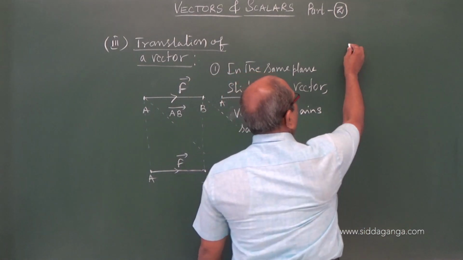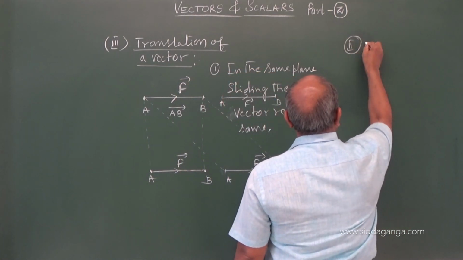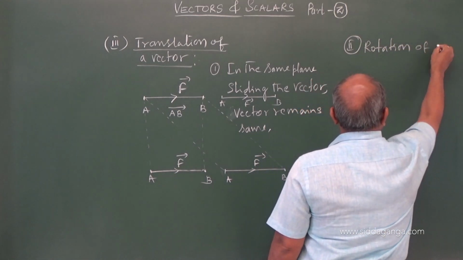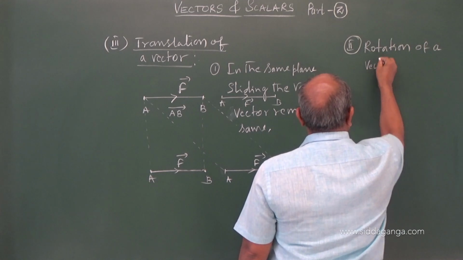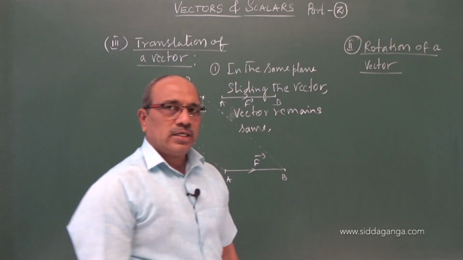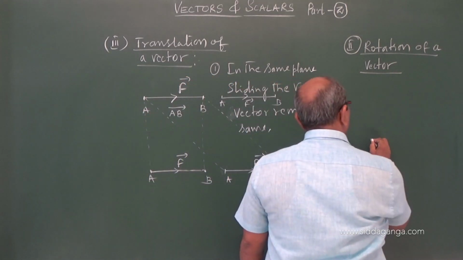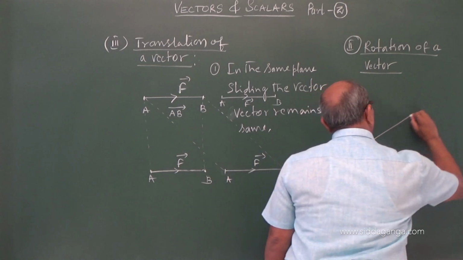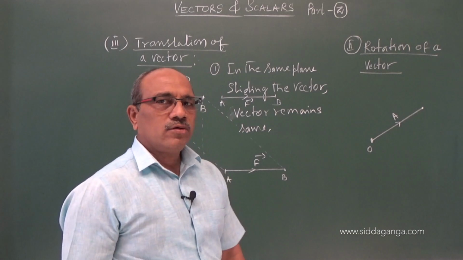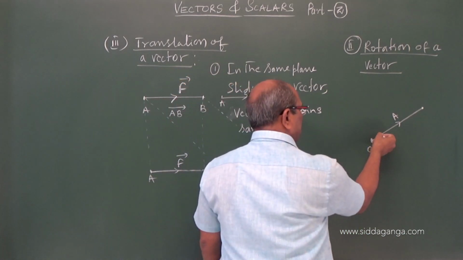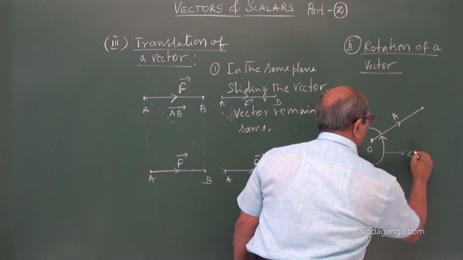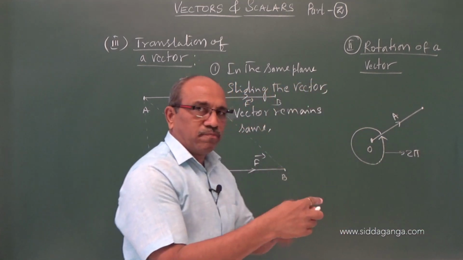Coming to the second, rotation of a vector, again in a plane. Let us take for reference that this is O and this is the vector A. Now I rotate this through an angle of 2 pi, one rotation completely.